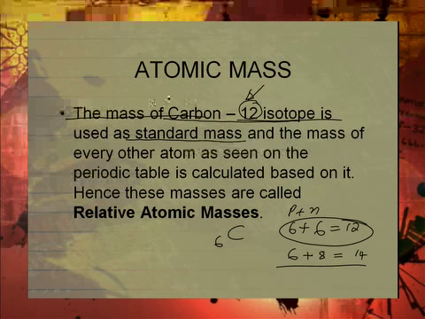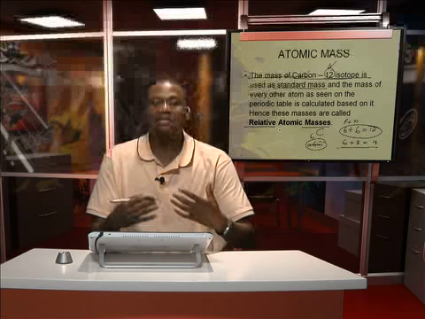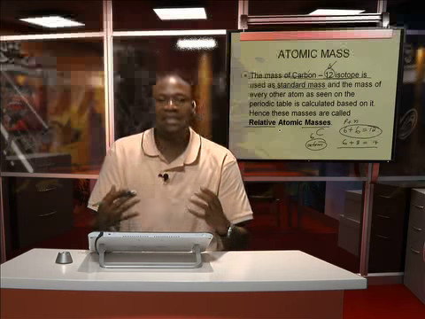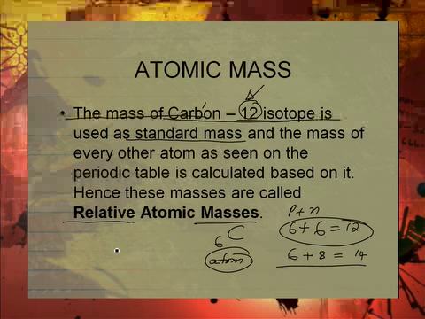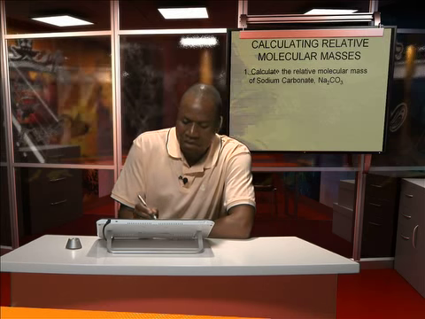If everything is measured against it, then whatever you get as the mass of any atom for any element becomes a relative mass, a relative atomic mass. The word relative means measured against certain standards. So this is the reason why people will talk to you about relative atomic masses for certain atoms.